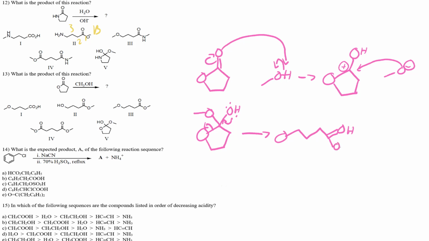An oxygen like that. So now this hydrogen is going to break out, and this oxygen is going to take that hydrogen. Okay, so we have an alcohol. Then we have 1, 2, 3, and 4. So that's basically our answer.